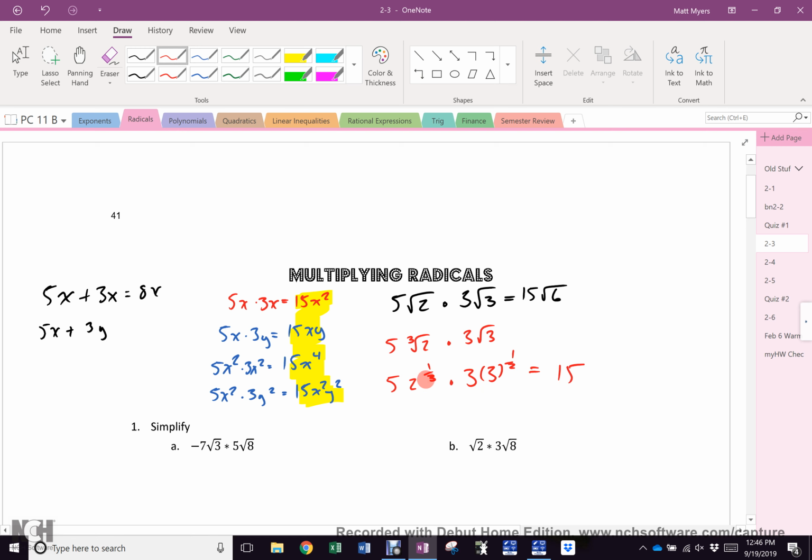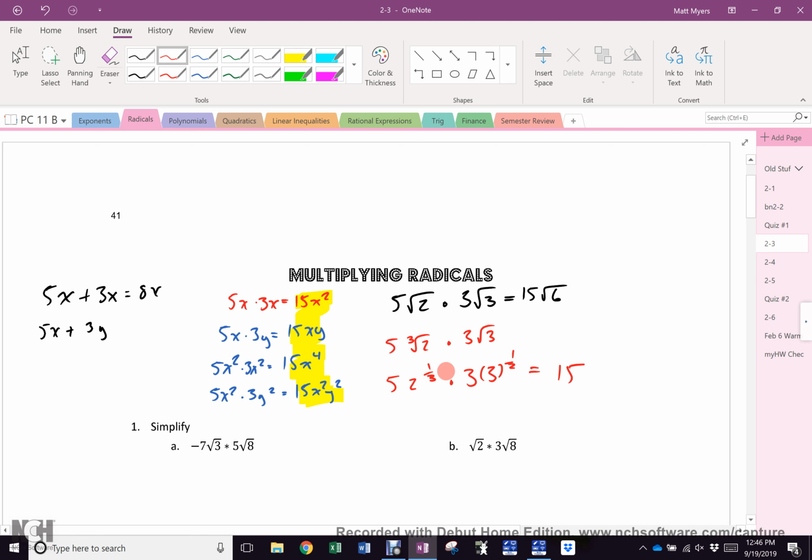And then what would you do with the 2 and the 3? Are they the same base? No. So, can I do this? Why not? Because if you go to exponents, they are not the same base.